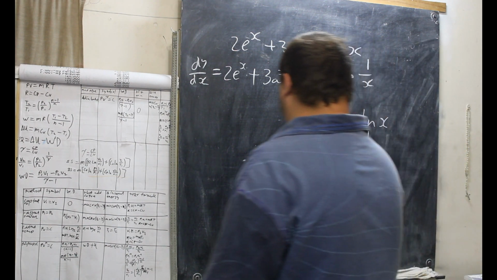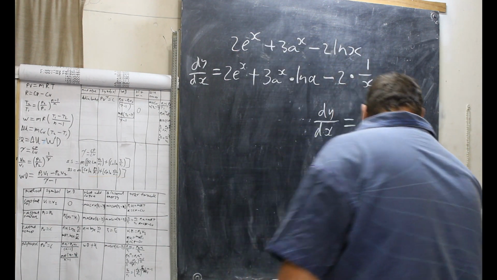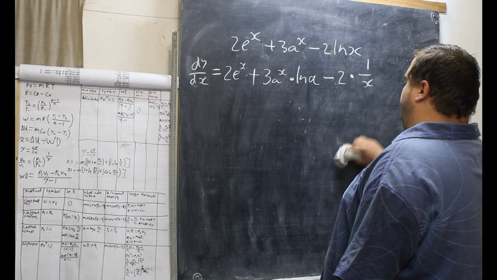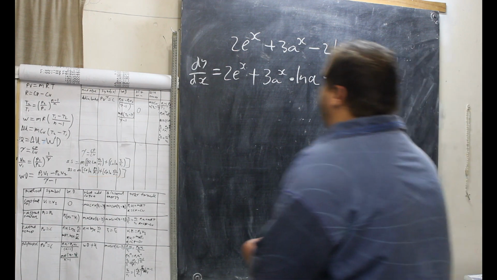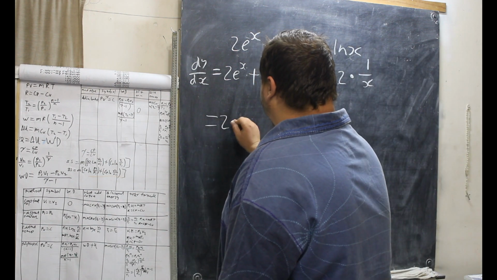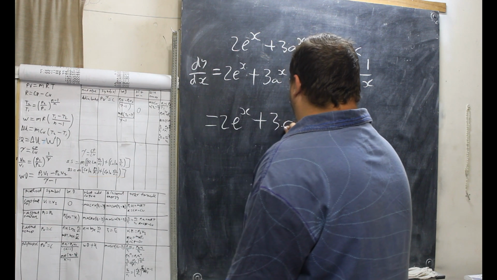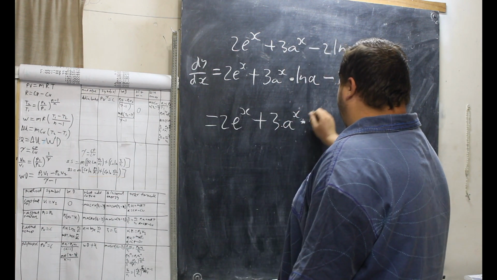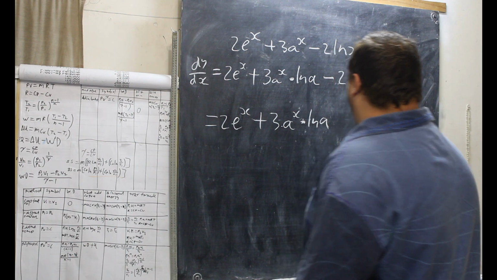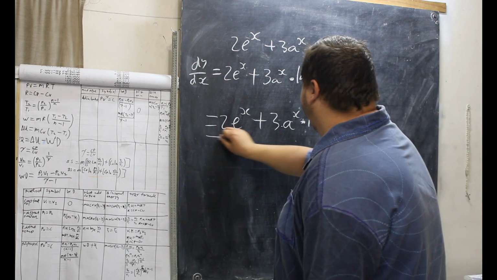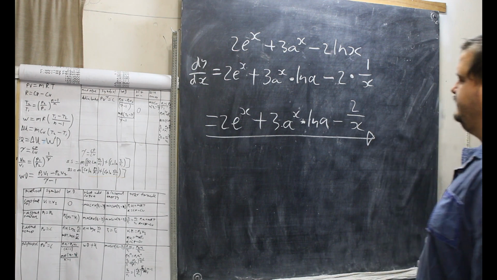Let's get our sum all together. So we equal 2e to the x plus 3a to the x times ln a minus 2 over x. And that is our final answer.